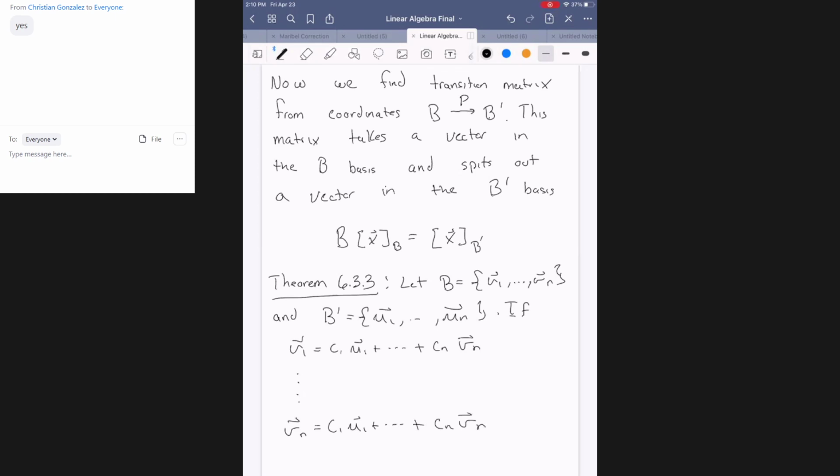Then the C's that make this, I guess you can say this would be C11, C1n, and this would be n and n. So the coefficients here are what's going to make the transition matrix.